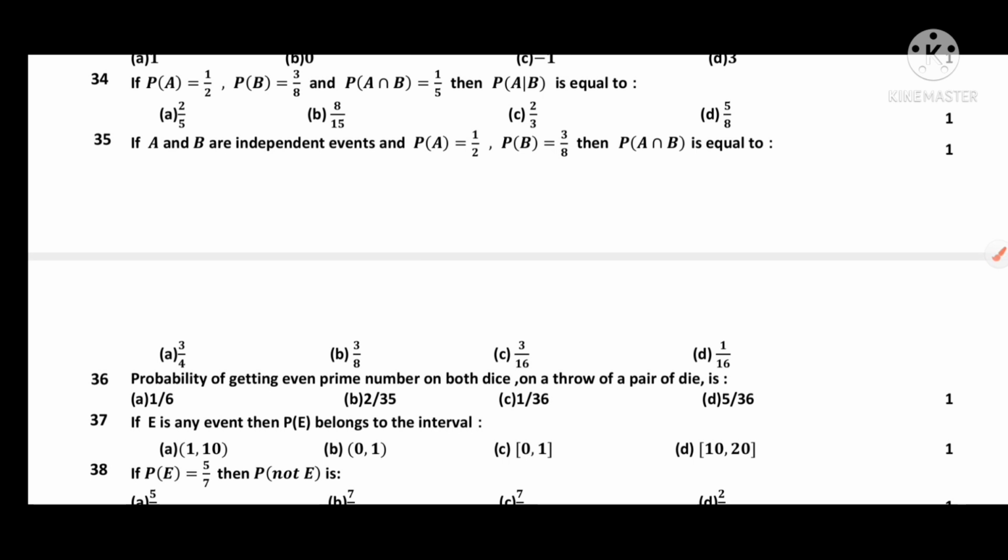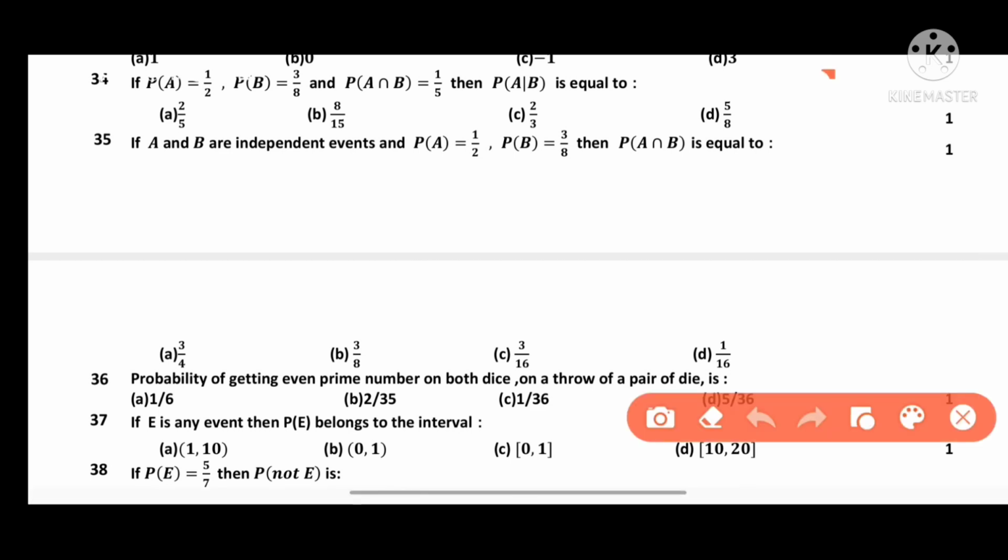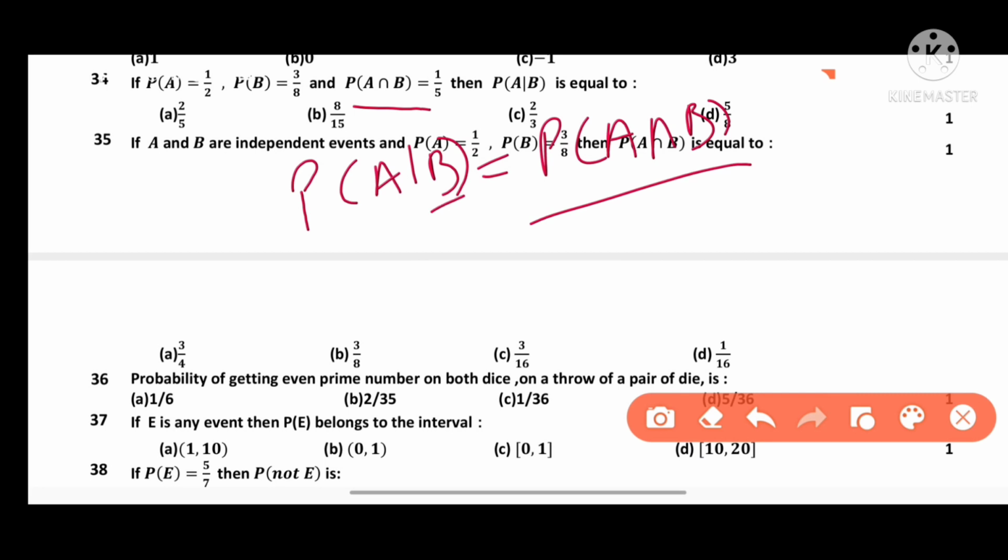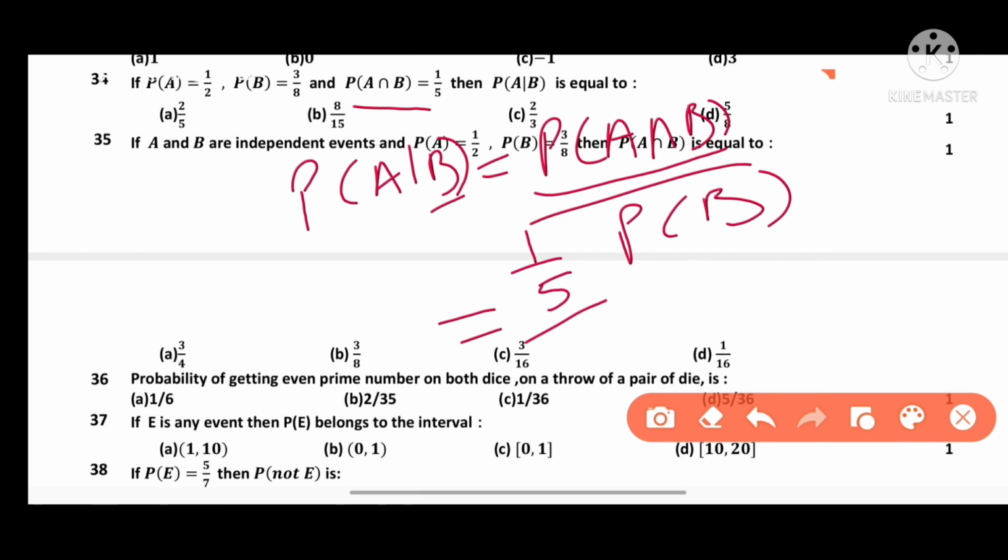Next, question number 34. If probability of A is equal to 1 by 2 and probability of B is equal to 3 by 8 and probability of A intersection B is equal to 1 by 5, then probability of A by B is equal to, now by using formula of conditional probability, probability of A intersection B divided by probability of B. Now probability of A intersection B is equal to 1 by 5 and probability of B is equal to 3 by 8.